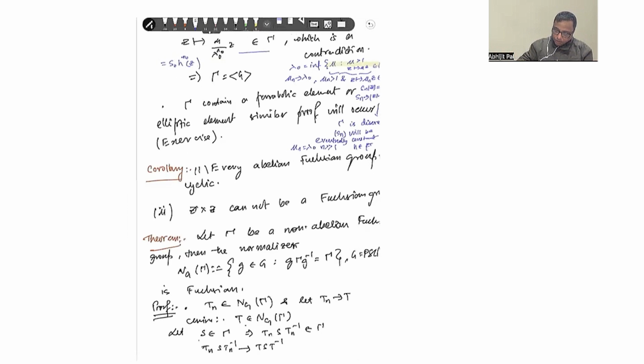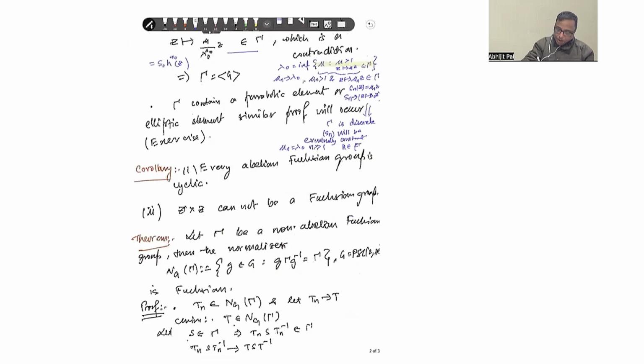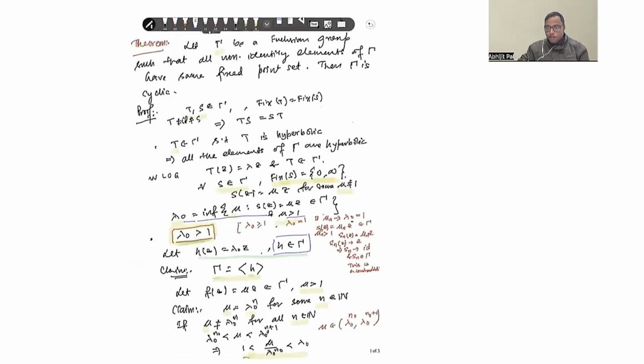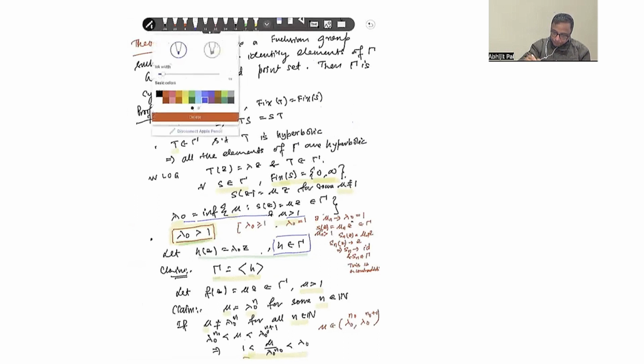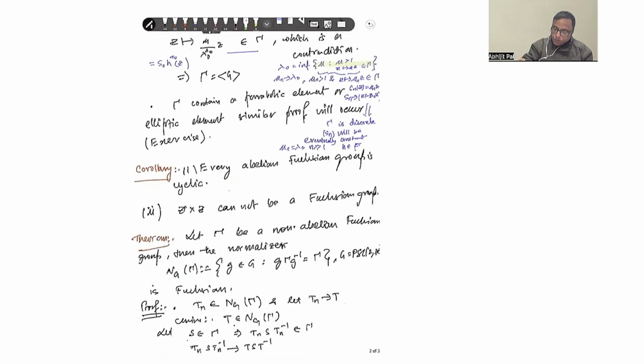Because this map belongs to gamma, and mu by lambda naught to the power n naught is less than lambda naught. So therefore, we have something less than the infimum such that z goes to mu by lambda naught to the power n naught z belongs to gamma.